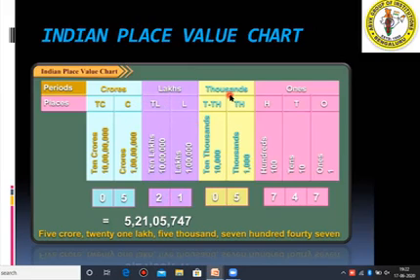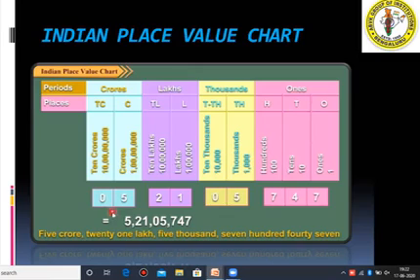Now in the same way, under the thousands period, you have 0, 5. That means in the 10,000s column you have 0, and in the thousands column you have 5, so only 5,000. You write this as 5,000. Next, this number you know how to read: 747.